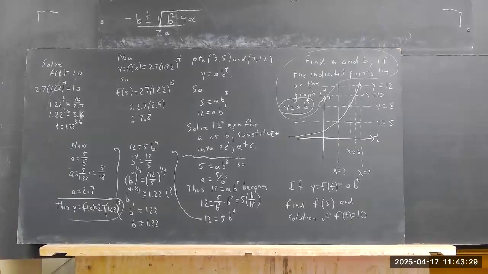It should come out around 6, but 1.22 to the 3.6 is nowhere near 6.